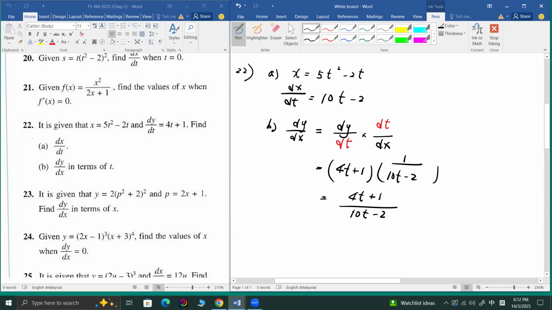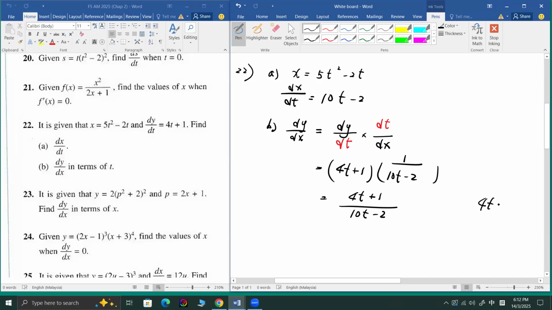You can't cut the 4 and 10 to here, no, because you got two terms. Unless you can factorize, take out the 2, but this one you can't factorize. So no point to factorize it because one can, one can't. To simplify like this, you must have exactly the same.